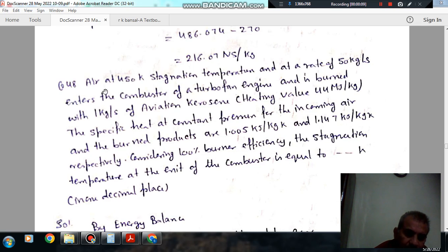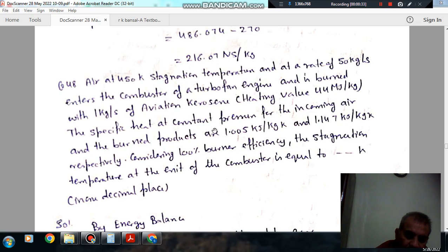Question number 48: air at 450 Kelvin stagnation temperature and at a rate of 50 kilogram per second enters the combustor of a turbofan engine and is burned with 1 kilogram per second of aviation kerosene, heating value 44 megajoules per kilogram.